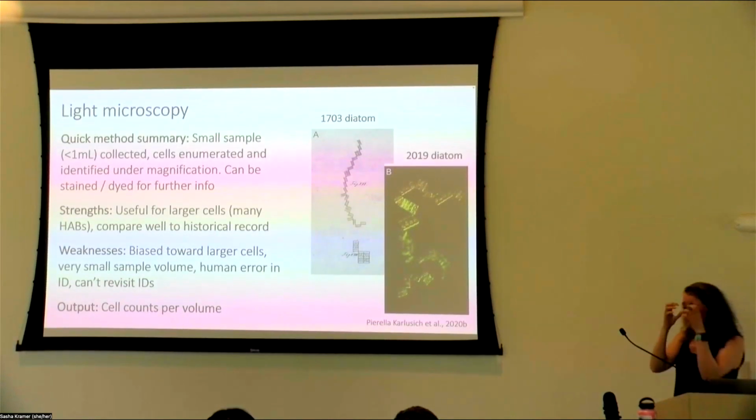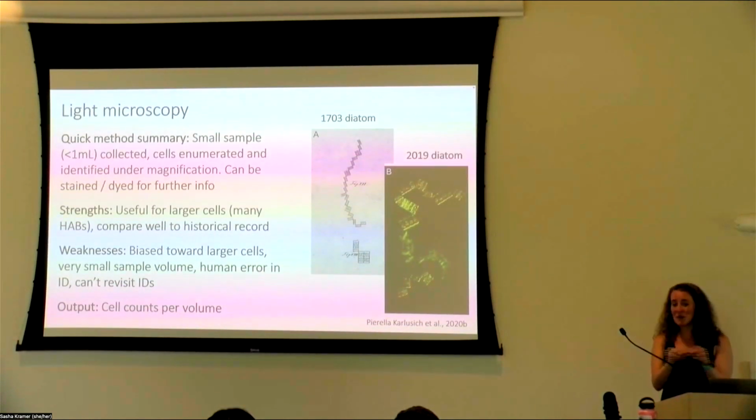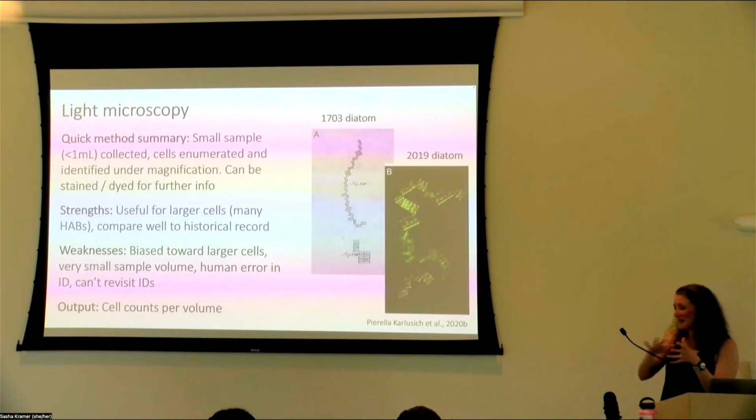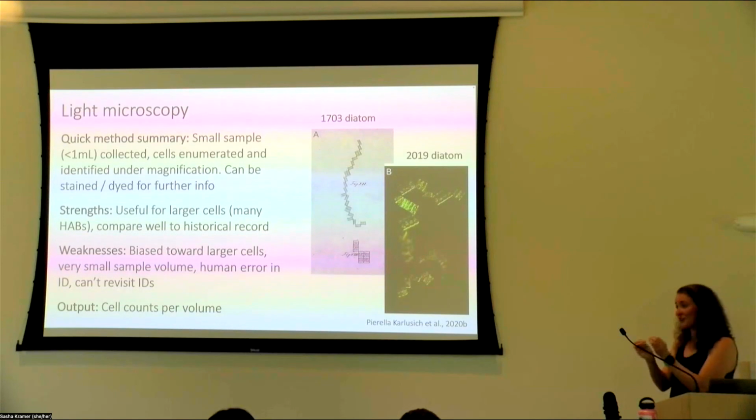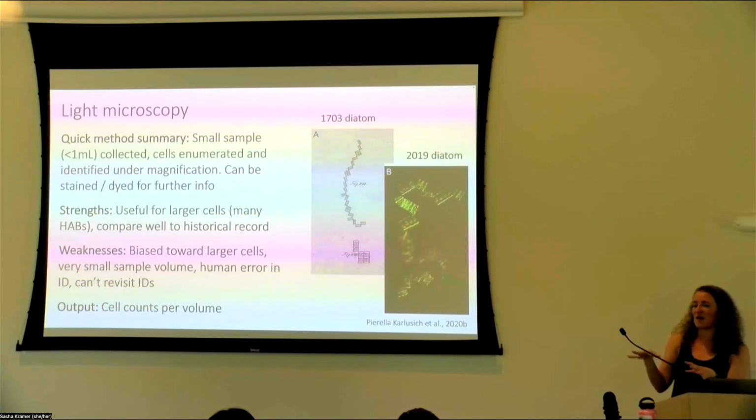So as humans, you're looking into a microscope, you're the one who's responsible for identifying and counting these cells. And if you've ever looked at a microscope with all different kinds of phytoplankton, it can be really overwhelming. And you maybe don't know where to start. And so maybe your eyes are drawn first to the bigger things, and then you count the smaller things in the background.